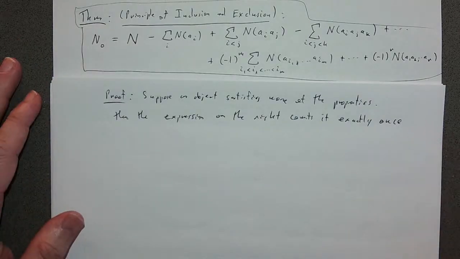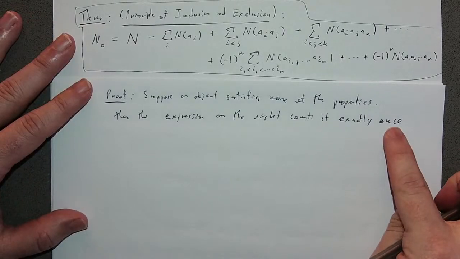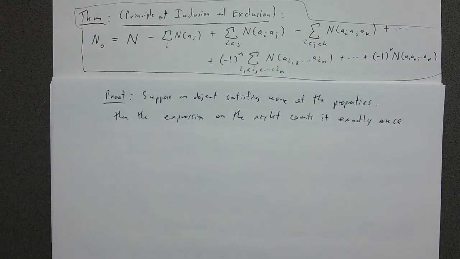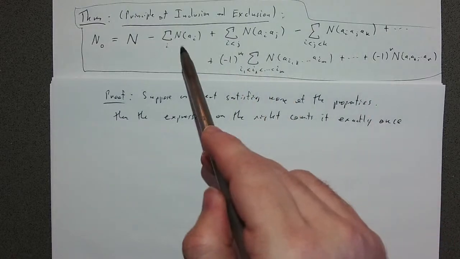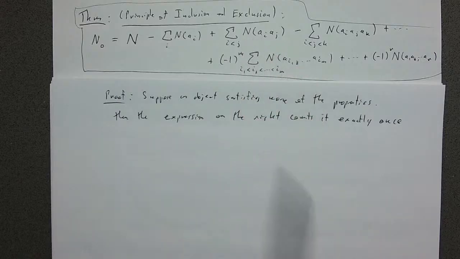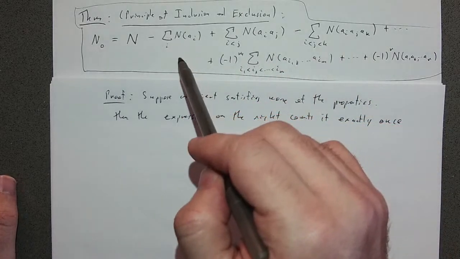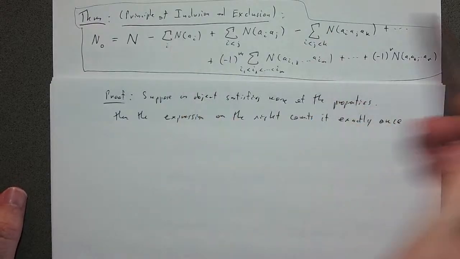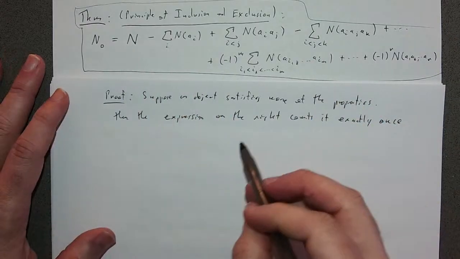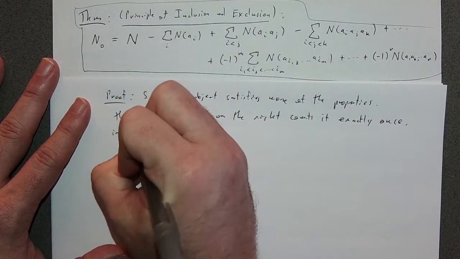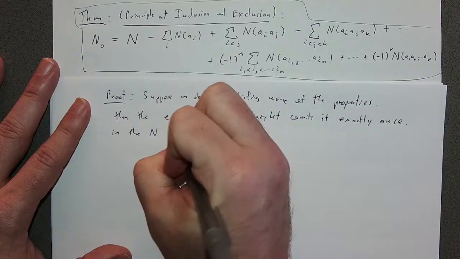And where does it count it? It only counts it in this term. It's not going to be counted anywhere here because it has none of these properties, and by definition, this notation n of a sub i, n of a sub i, a sub j, and so on, these are numbers of objects having the indicated properties. So if it has none of these properties, it's not counted anywhere except in this first term. So the expression on the right counts it exactly once in the n term.